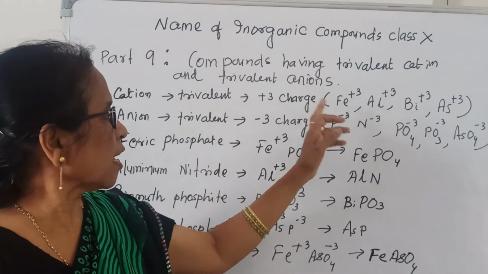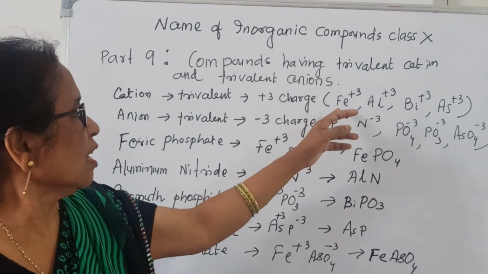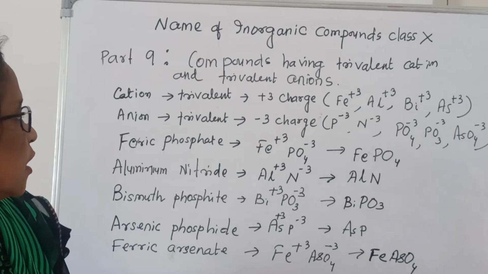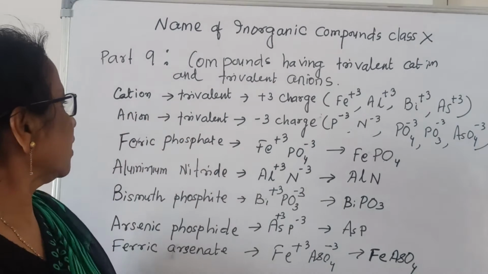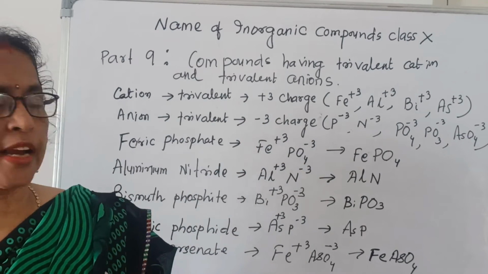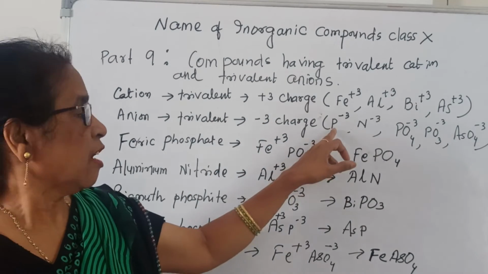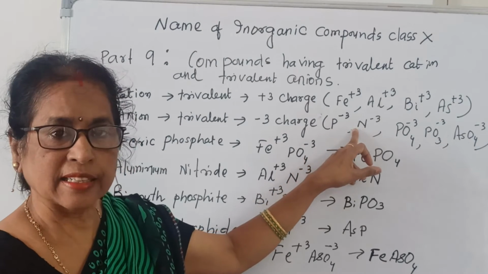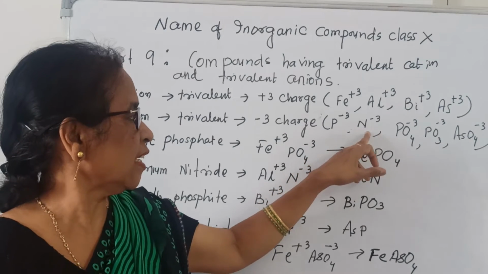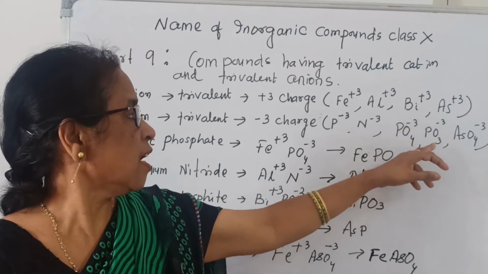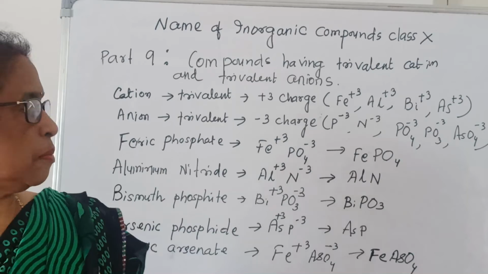In the positive cations, that is trivalent cations, Fe plus 3, Al plus 3, Bi plus 3 and As plus 3. The trivalent anions, that is minus 3 charge: phosphide, spelling P-H-O-S-P-H-I-D-E, nitride N-I-T-R-I-D-E, phosphate PO4 minus 3, phosphite PO3 minus 3, and arsenate AsO4 minus 3.